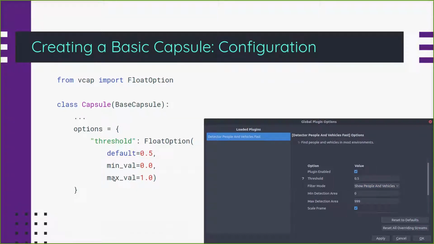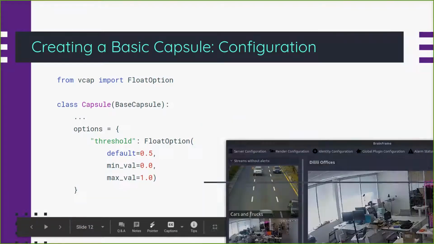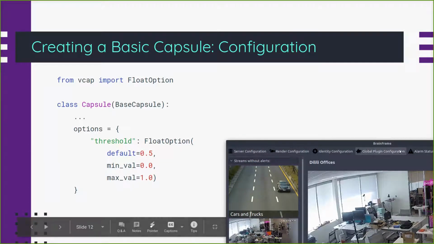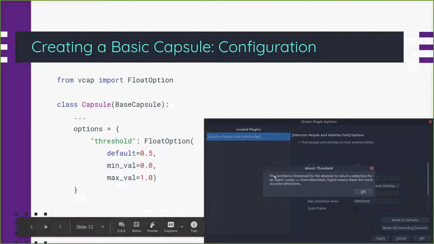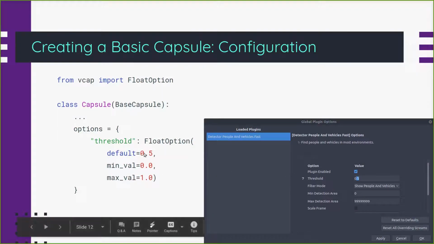And this is all specified under the options section of the capsule. There are different options you can import, and all you have to do is put the name of the option and then the values. So for example, here's the threshold, and you can see the description of the value, and then you can edit it here. And you can specify the default value.